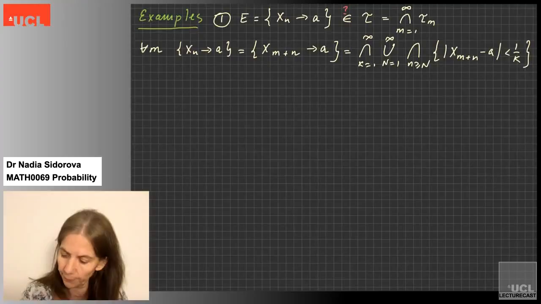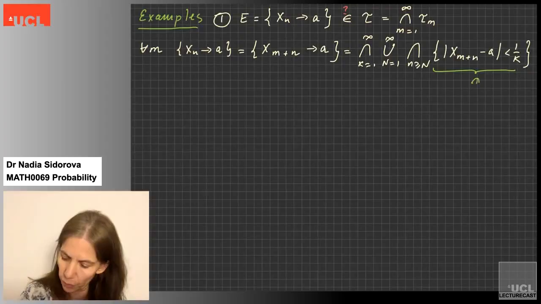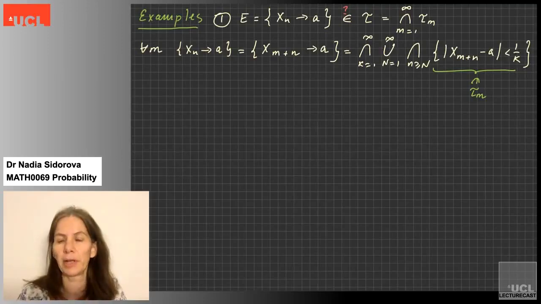Now, here I can see explicitly that this event belongs to tau m because it is determined by a random variable with index larger than m, right?